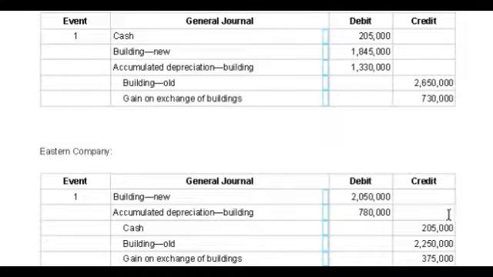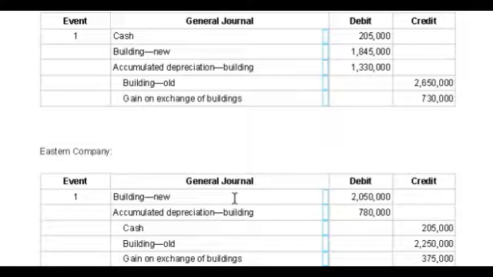So if you do the journal entry from Eastern company's perspective, the new building it is acquiring will be costed at the fair value that Eastern company is giving up, which is 1.845 plus the $205,000 cash it gave to the other party.